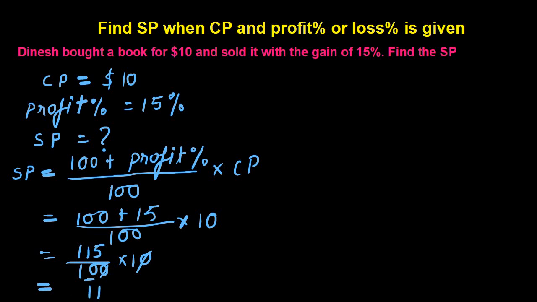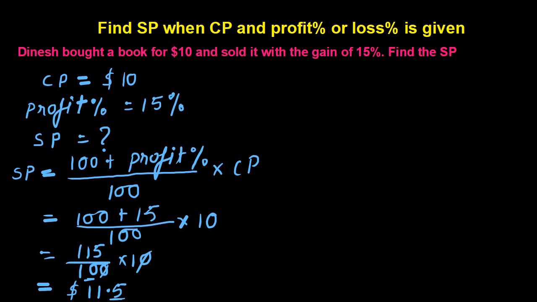So it becomes 11.5. That's why the book he sold is for $11.5. He bought it for $10 and sold it for $11.5.